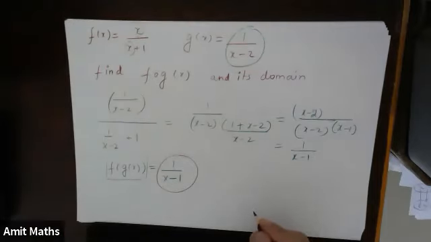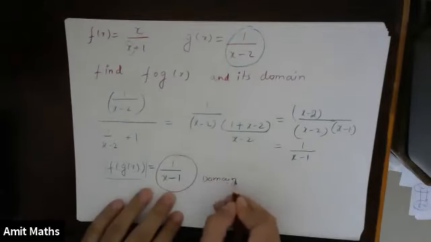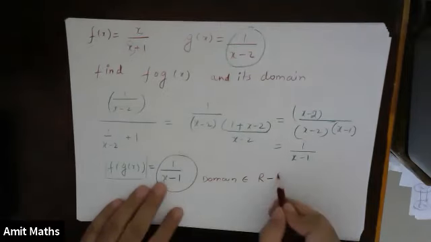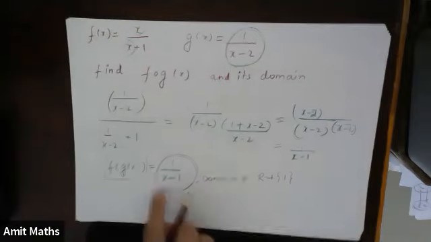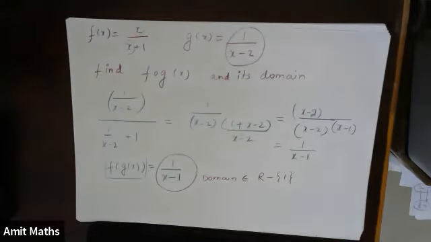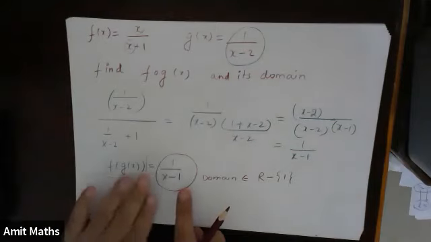We can say that the domain belongs to the real values minus 1. Just by looking at this, we can say that the domain is equal to R minus 1 for f of g of x.